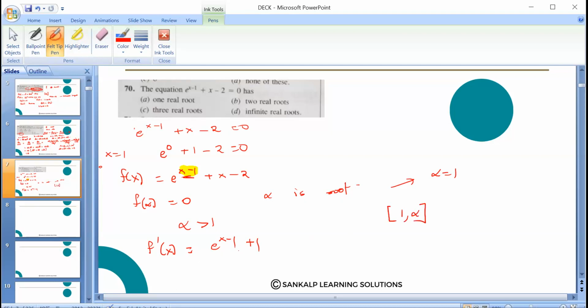Now in this interval, the derivative must be 0 at least once. That means e power x minus 1 should be minus 1, which is not possible. E will never be negative.